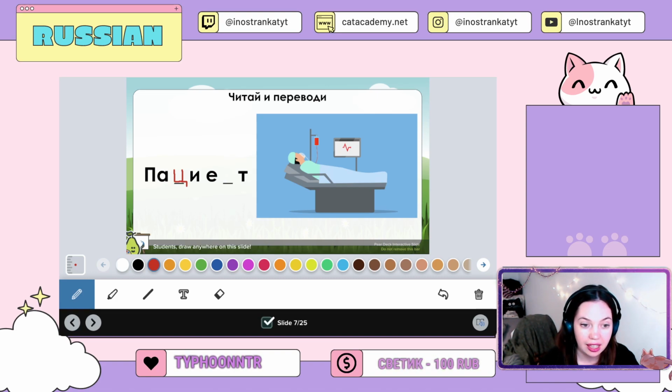Now we have to think about the sound N. Буква N looks like English H, but has the sound N. Пациент. Here the stress falls on the second syllable.